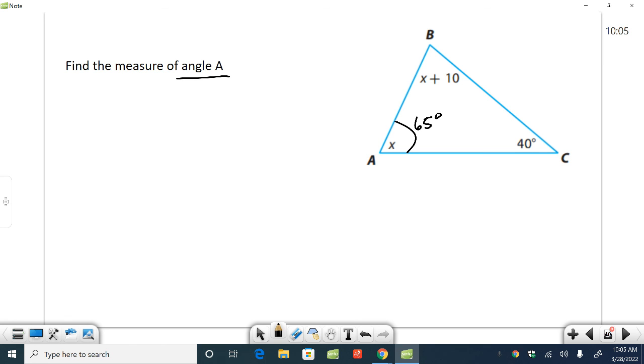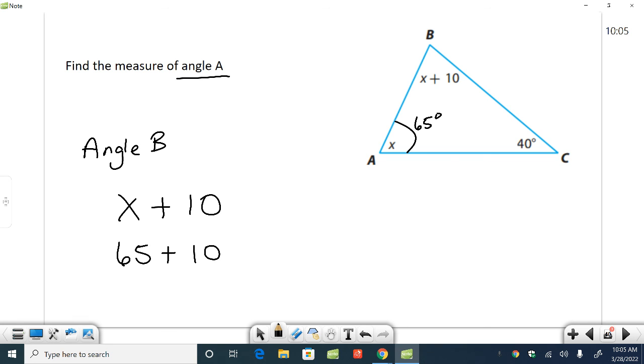Okay? So now it's asking for angle B. Well, angle B is x plus 10. What was x? 65. 65 plus 10 is 75.